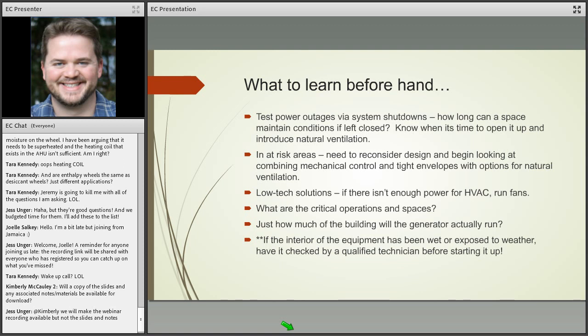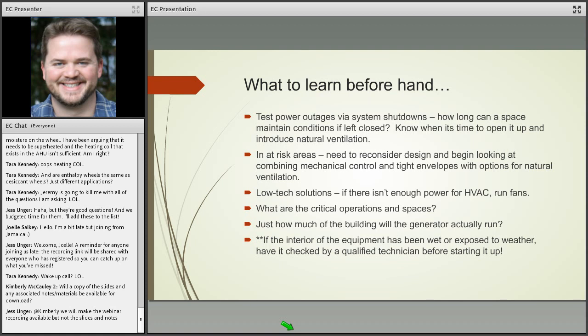So when we're thinking about mechanical systems and disaster response, we want to think about what we need to know beforehand. This is something that I've been thinking about more, that I certainly haven't formulated for myself, and I'm not sure a formulation of it really exists out there, at least not that I've seen entirely. But for disaster preparedness, we need a means of testing a power outage to a degree, and that's thinking about shutdowns and setbacks.